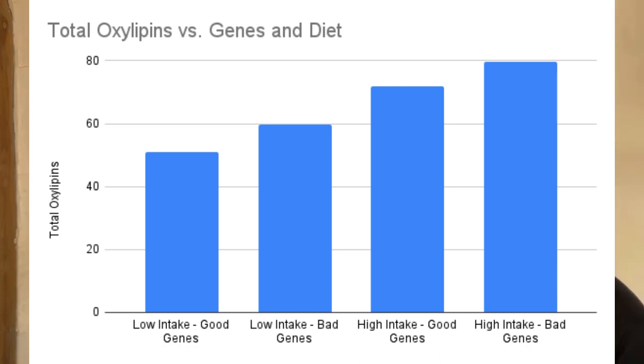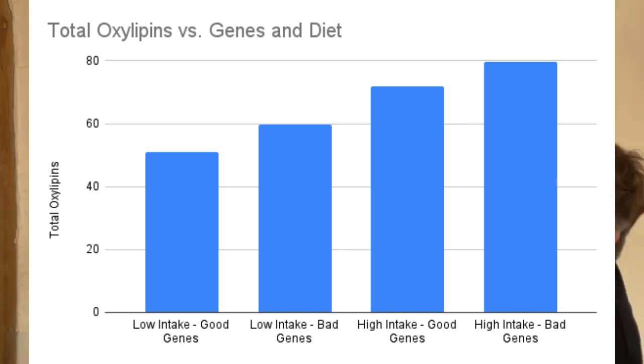But when you increase the amount of linoleic acid in the diet from 10 grams to 30 grams, the amount of oxylipins in both groups goes up substantially. And in fact, even with the good genes, when you go from 10 grams of linoleic acid to 30 grams of linoleic acid, even the people with the good genes end up with higher levels of oxylipins than the people with the bad genes at 10 grams of intake.